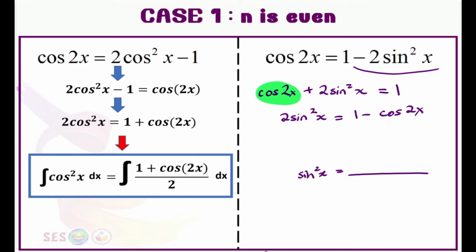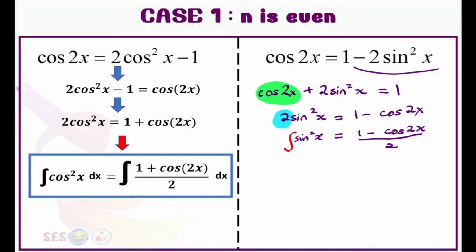Bringing 2 to the other side, I will get sine square x on the left hand side, and 1 minus cos 2x divided by 2 on my right hand side. So if I am about to integrate sine square x, it's the same as integrating 1 minus cos 2x over 2 dx. Don't forget to write dx, okay? So this is the formula for integrating sine square.